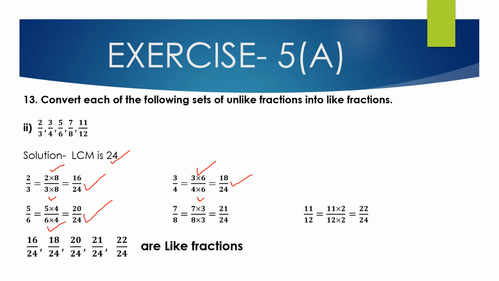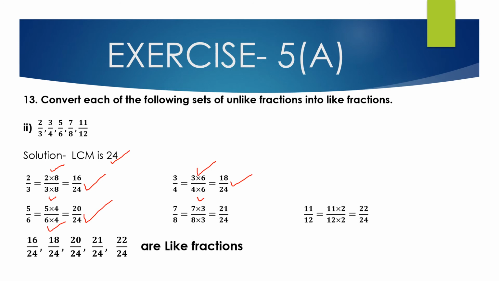Now 7 divided by 8. This is an unlike fraction and we have to convert it into a like fraction by making the denominator equal to the LCM, that is 24, by multiplying the numerator and denominator by 3. As we know, 8 multiplied with 3 is 24.